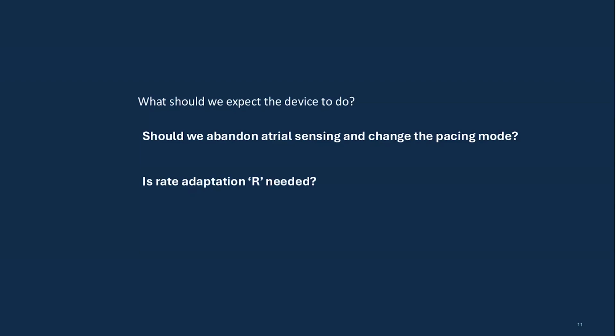If it changed to VVI alone, it will pace at the lower rate limit, as there is no sensing of the atrium. As the whole rhythm is AFib with V pacing, the rate response is activated, but we need to adjust the rate response parameters, not to make it 90 or 110 all the time.